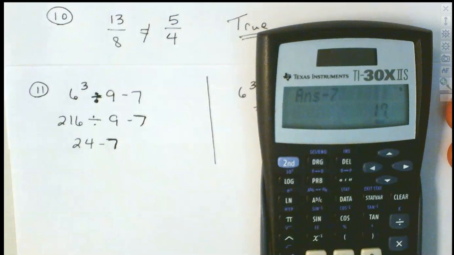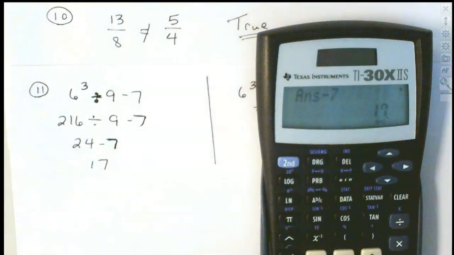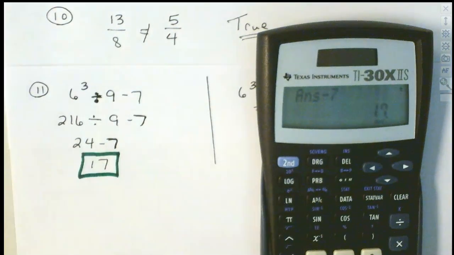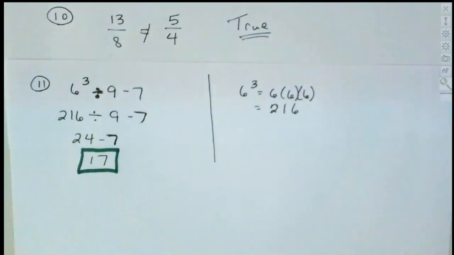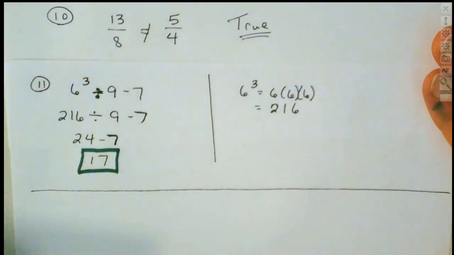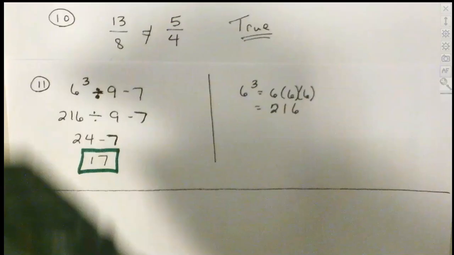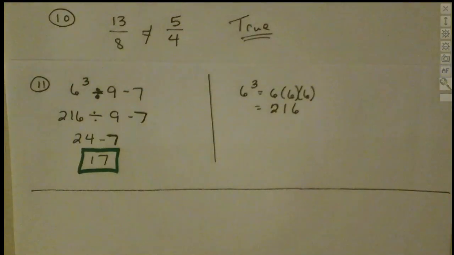And 24 minus 7 gives you 17. And I know sometimes it's hard to see those symbols, but that was division, not addition there. Is everyone okay with that so far? If not, just be sure and say something, and we can look at it in further detail. But make sure you know how I'm coming up with these answers.